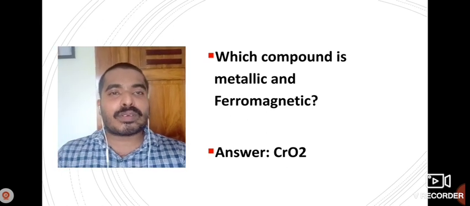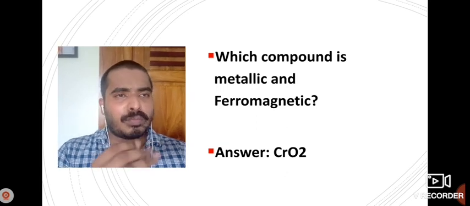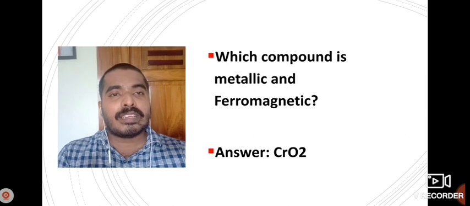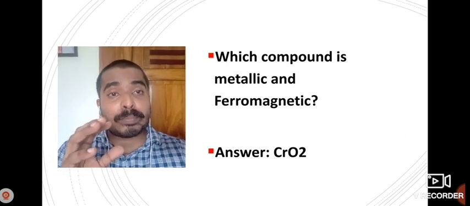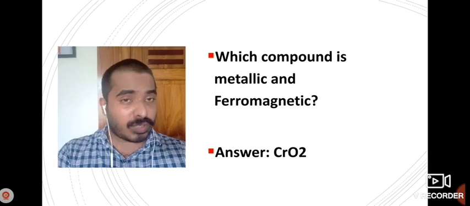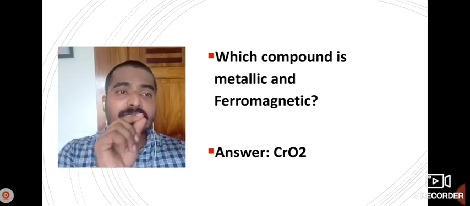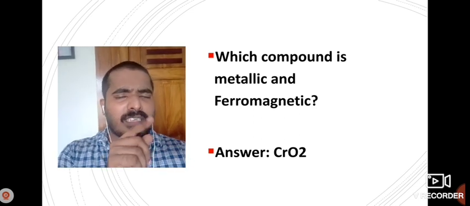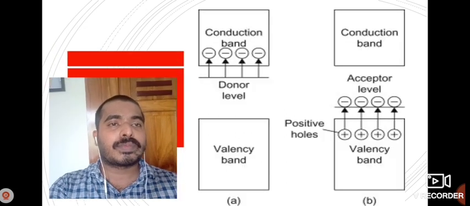Options will be given: titanium dioxide, vanadium dioxide, iron oxide. But the compound that shows metallic conductivity and is also ferromagnetic is CrO2. Don't forget this. This was asked in many questions, I think in the 2016 JEE Main.